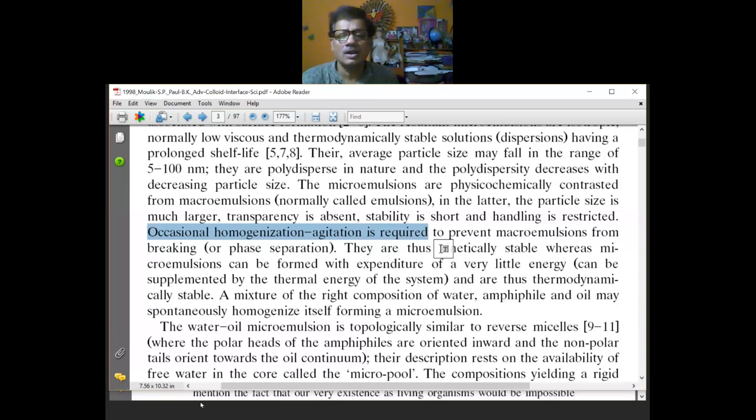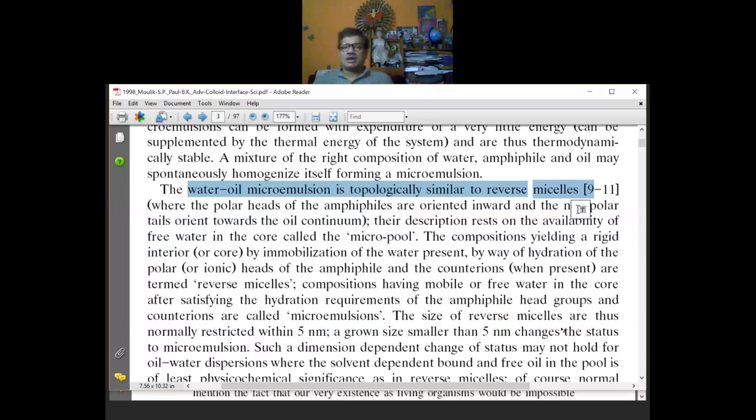So a water-in-oil microemulsion is topologically or structurally similar, that is, in the orientation of the molecules. How is the orientation? If you take the reverse micelle, where the hydrophilic head groups are oriented inward and the hydrocarbon chains are oriented outward, the core of the micelle will have the hydrophilic head groups.